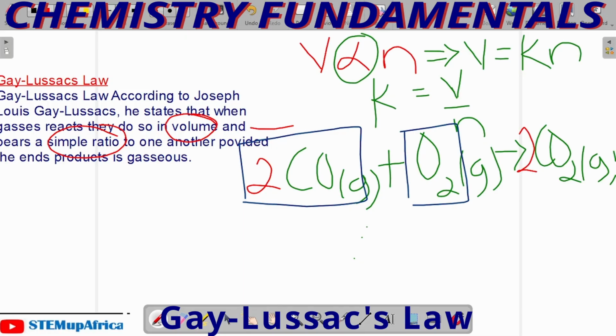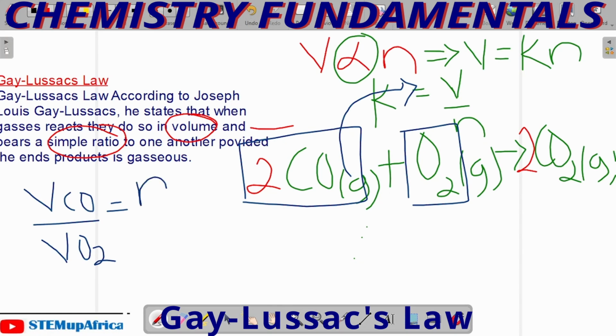So how do we apply this concept back to the original constant from the equation? The first gas that reacted here is carbon(II) oxide. So I'm going to have volume of carbon(II) oxide over volume of oxygen is equal to the mole ratio of carbon(II) oxide in the equation over the mole ratio of oxygen in the equation.